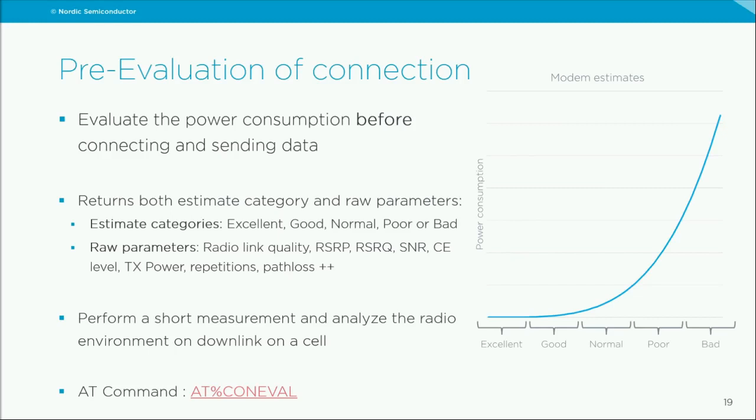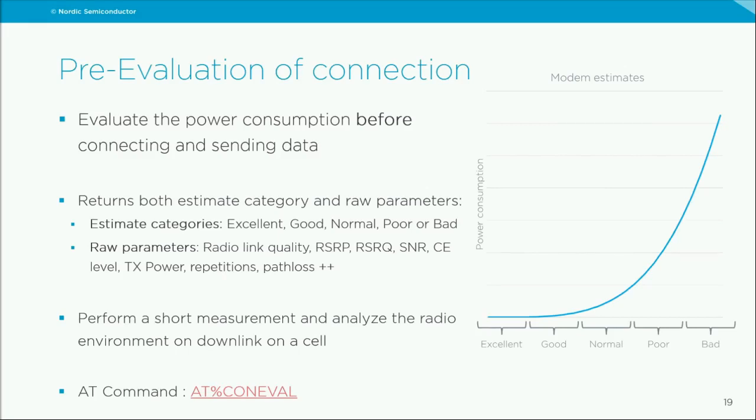And how does it do this? The modem does a very short measurement and analyzes the radio environment on a downlink on a cell. This doesn't use a lot of current. From this data, the modem will return an estimated category for you, either excellent, good, normal, poor, or bad quality.